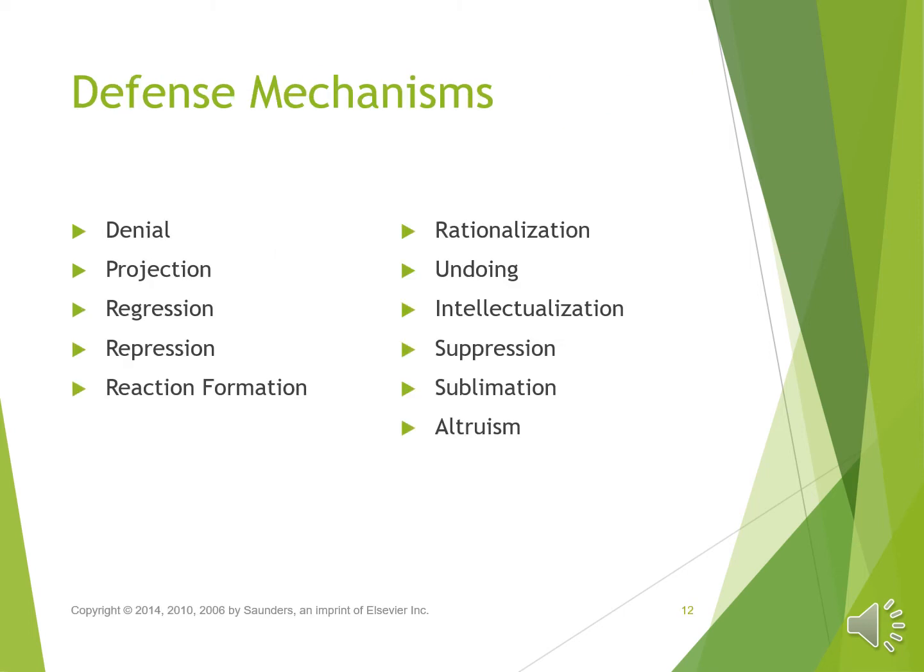Freud said a person has anxiety, which can range from mild to moderate anxiety, severe, and panic level of anxiety. When we have anxiety, we use defense mechanisms to control this anxiety, which is usually done by the ego part, the reality principle.